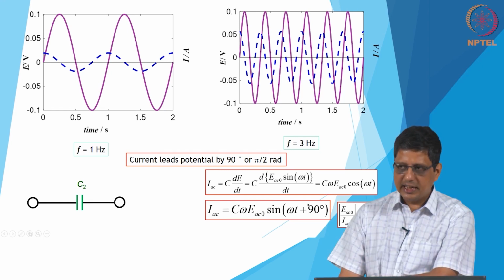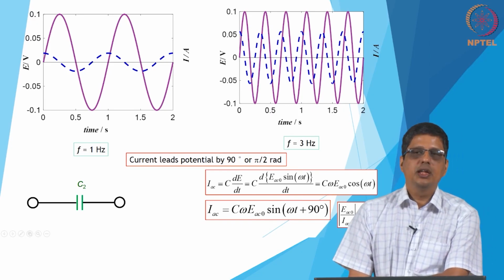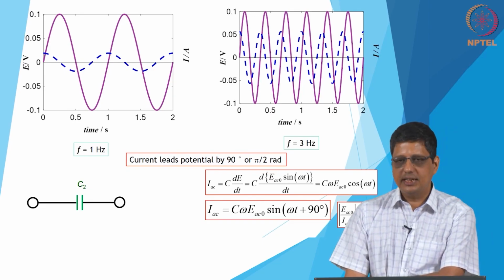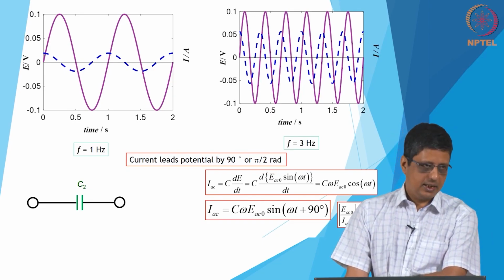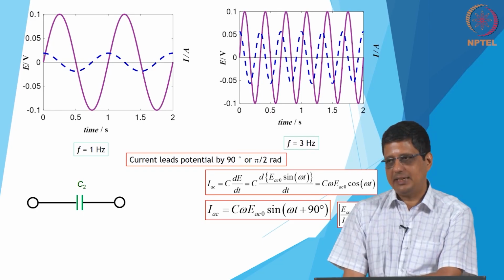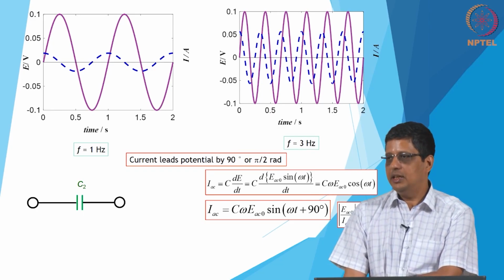The phase difference is 90 degrees, that comes here, current actually leads, but the impedance is given by 1 by omega C. Whenever the frequency increases, omega being the angular frequency, impedance will decrease. So, for the same potential magnitude you will get more current. At higher frequency it is easier to pass through a capacitor. At infinite frequency it will offer 0 impedance.